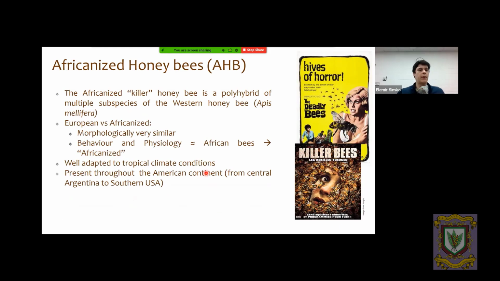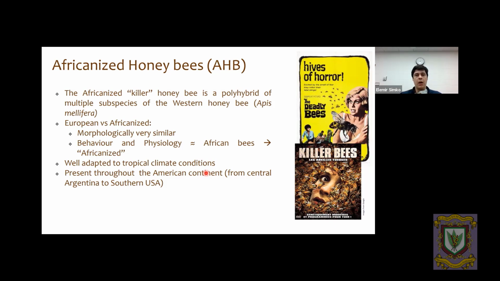And finally, I'll talk about Africanized honey bees. They were called killer bees for many, many years. Those bees are basically a product of multiple mating processes of different subspecies of the Western honeybee, right?